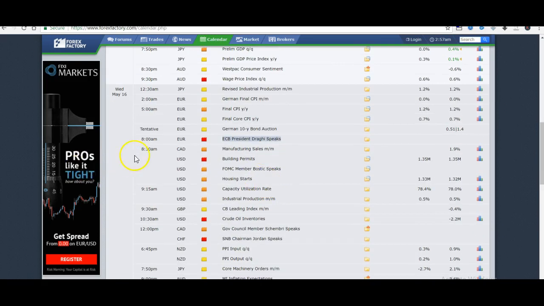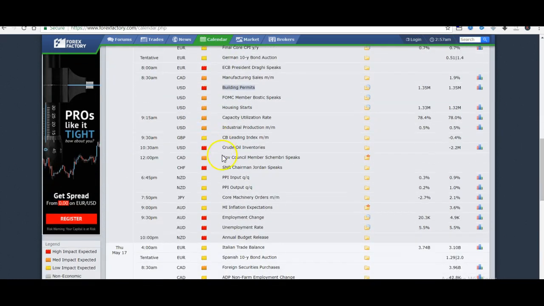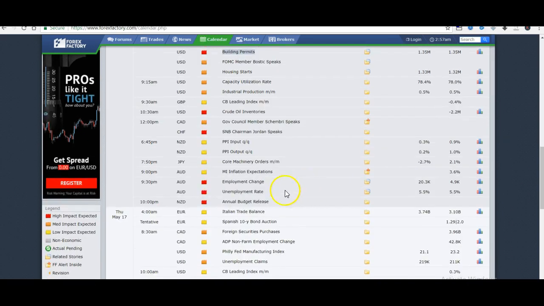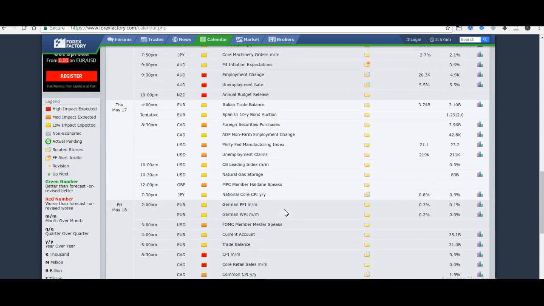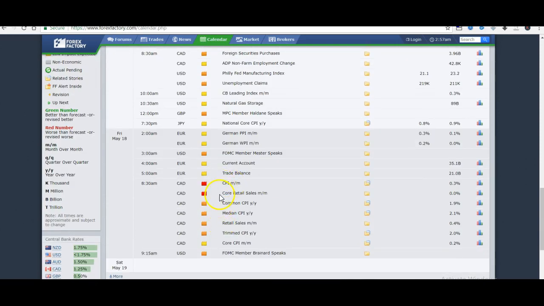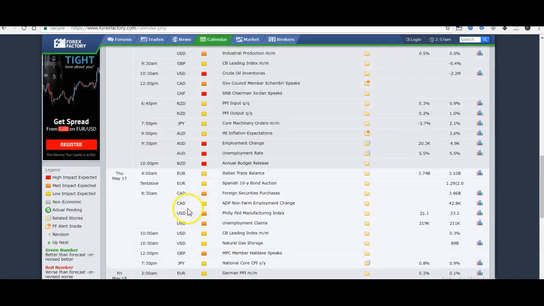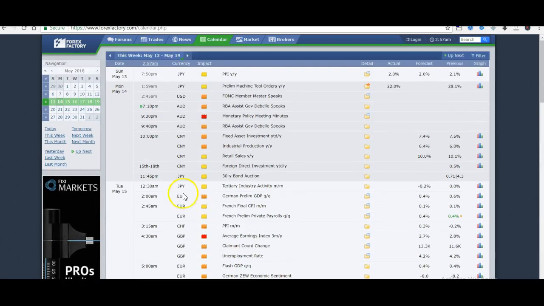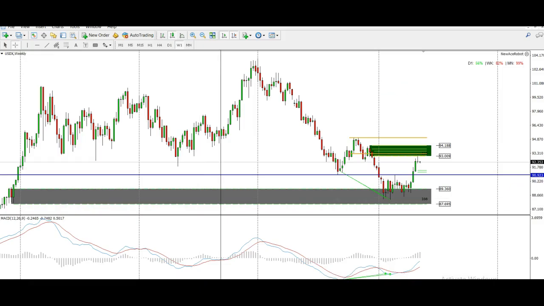In the euro, we have building permits. Also Wednesday, we have the Aussie unemployment rate and unemployment change. On Friday, we have the CAD CPI and core retail sales. Okay, head back over to the charts.